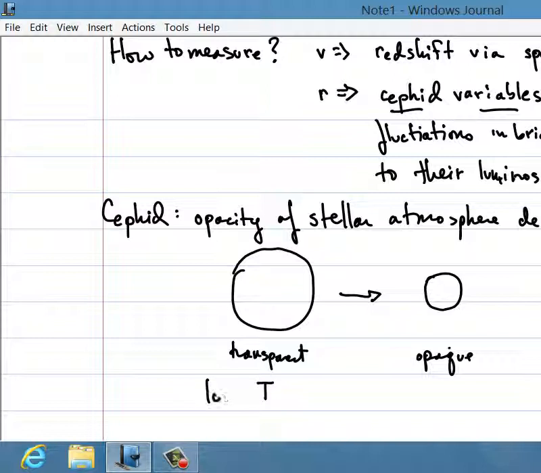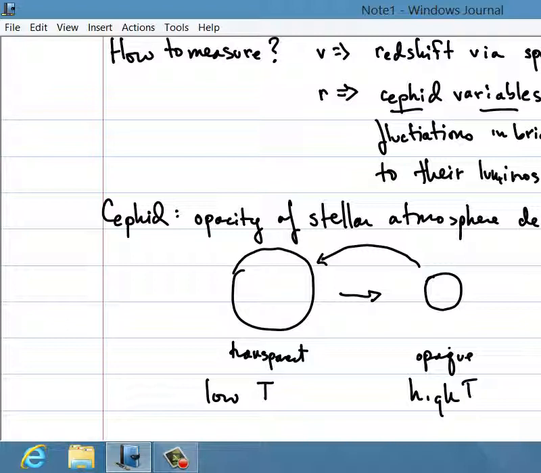So it starts out at low temperature, transparent and big, and then it will become smaller with increased temperature and more opaque. But then, as its temperature increases, its opacity will decrease, and it'll give off more energy, and it'll expand back to its original situation where it was transparent with low temperature. Okay? So it's the cyclic property of the expansion and contraction of the star because of some quirk of its stellar atmosphere that leads to this feature.